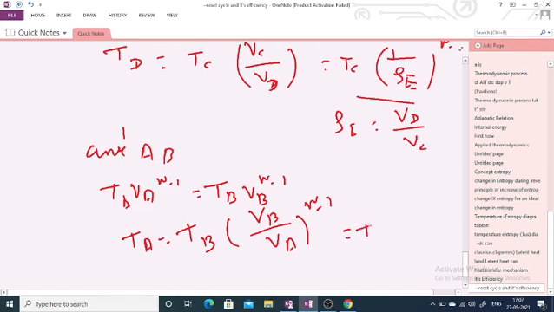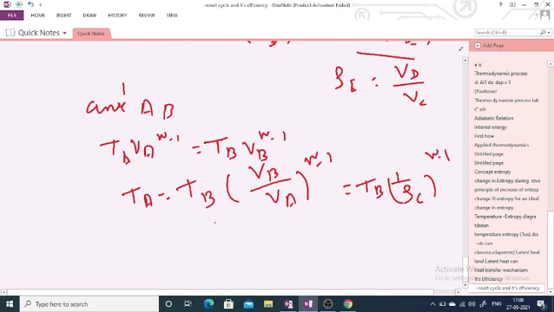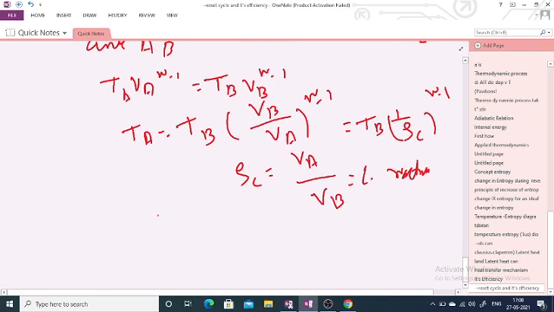So we got Tb (1 upon rho C) raised to gamma minus 1. Here rho C is nothing but Va to Vb, so rho C is the compression ratio.